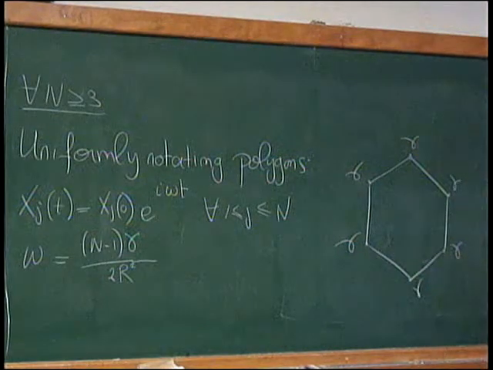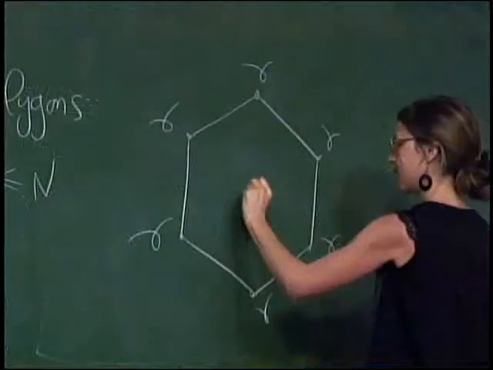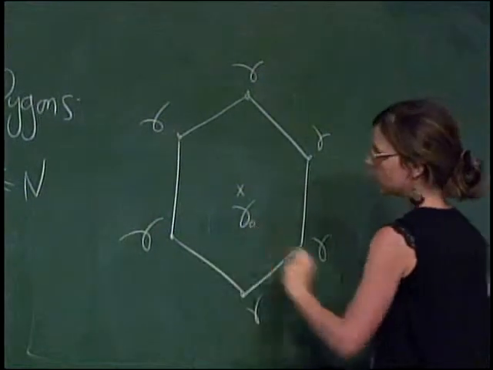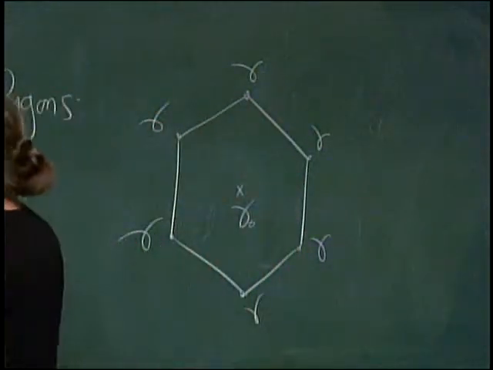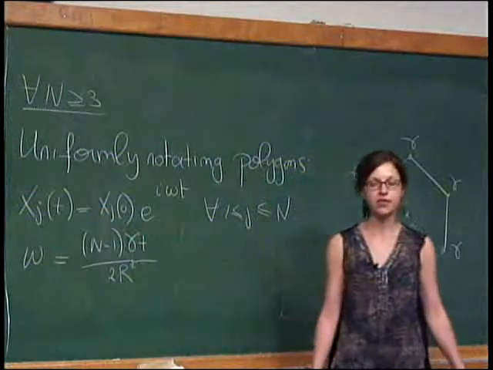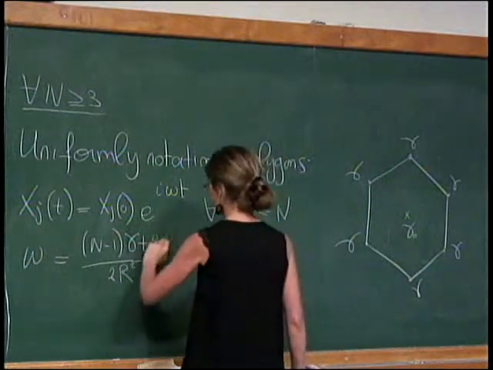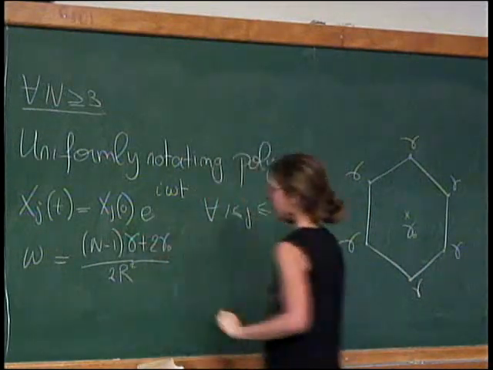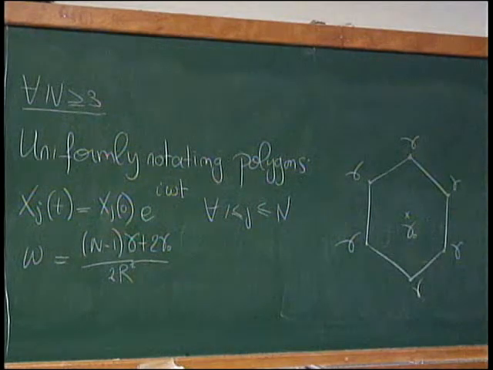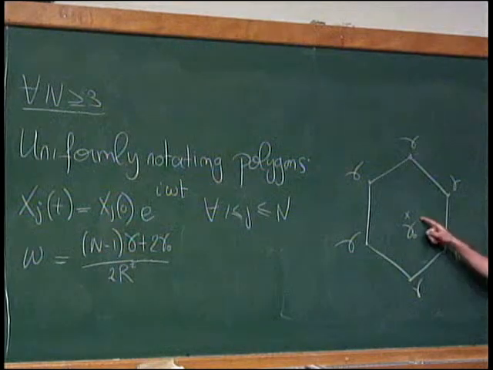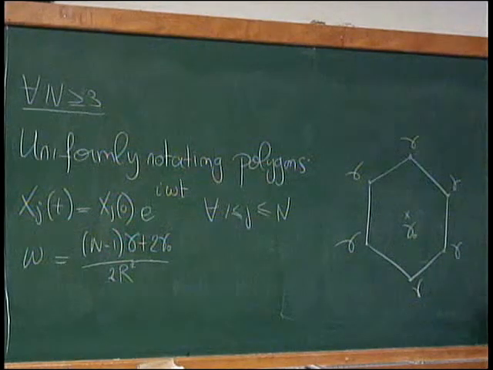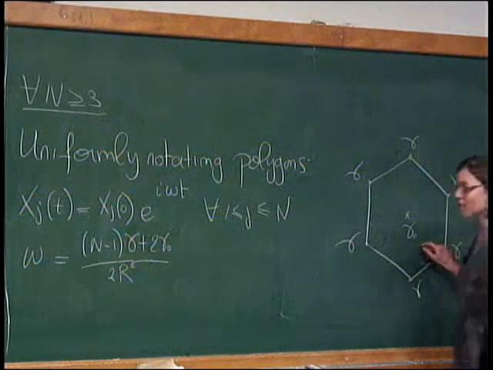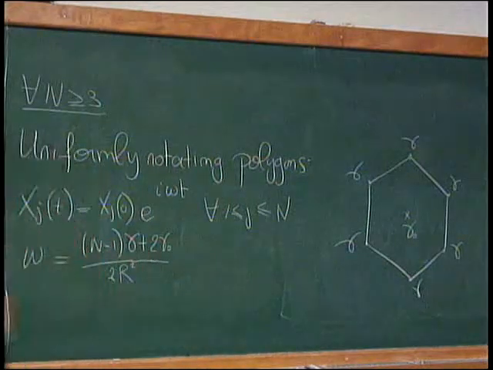And if I want, I can also put a central vortex here with circulation gamma 0, in which case I modify the corresponding angular velocity and I get 2 gamma 0. So in particular, it's possible to choose, and it will be important in the following, gamma 0 in such a way that omega is positive, negative, or 0. So you can really play with the central circulation of your point vortex to modify omega and to get some stability.